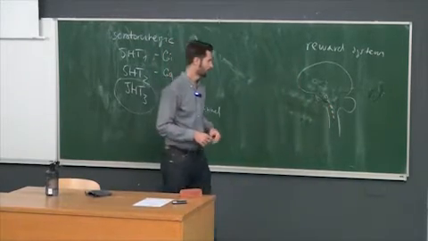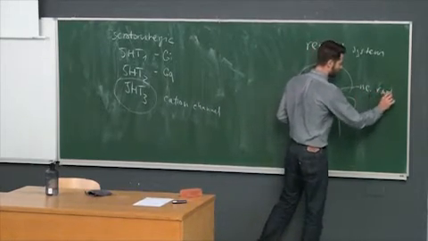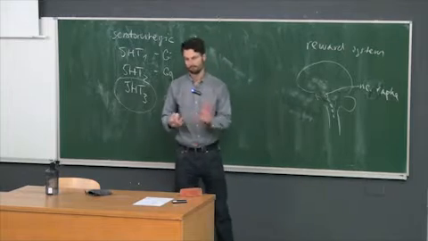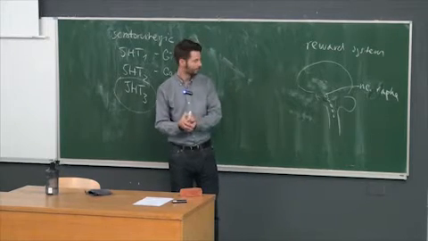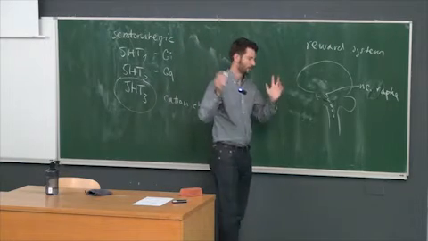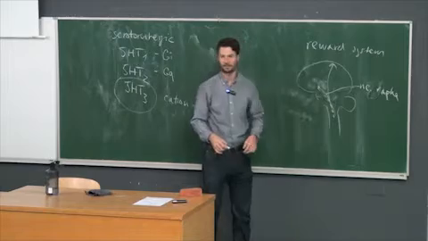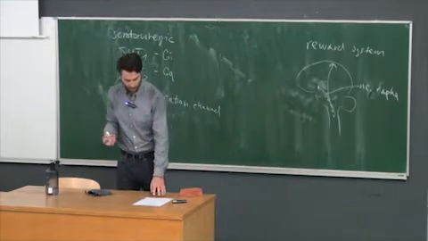For those who are really interested, they're called nuclei raphe, whatever. You don't need to know that. And as usual, they project all over the brain, into the midbrain, into the hypothalamus, into the cortex, everywhere. What is their function?